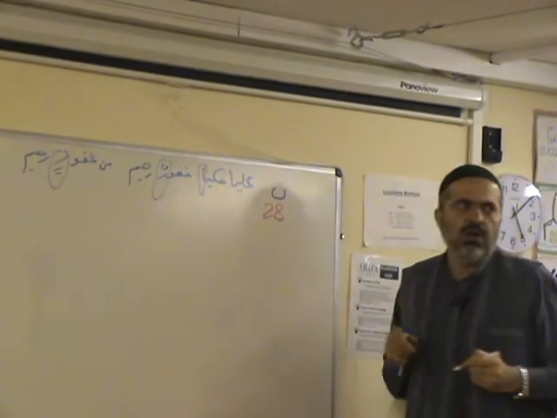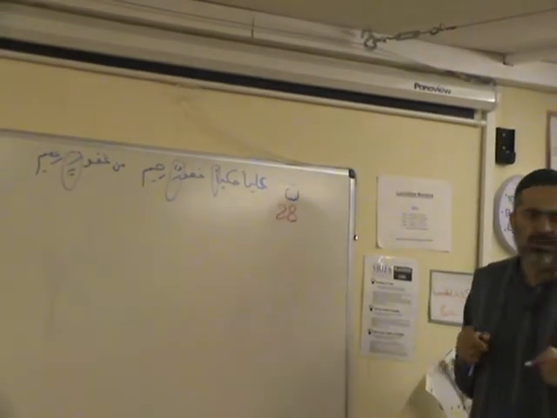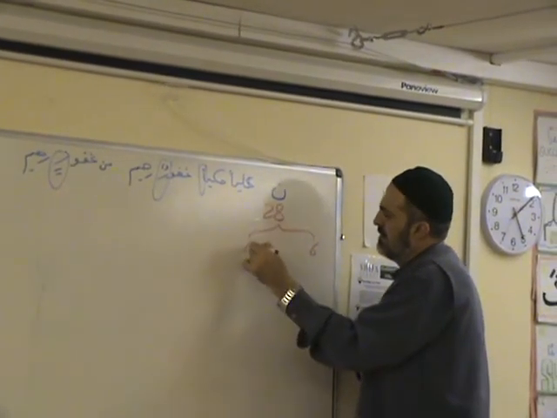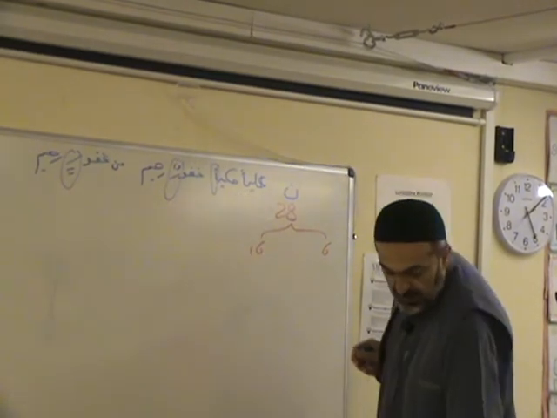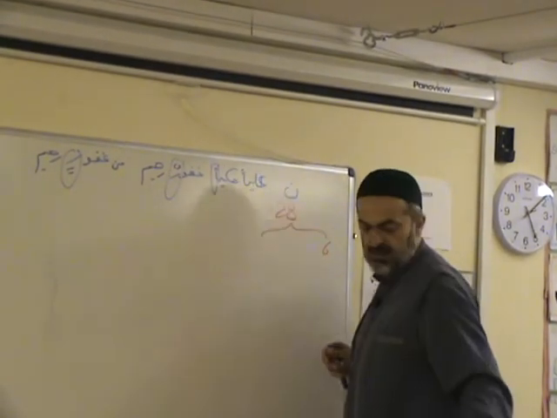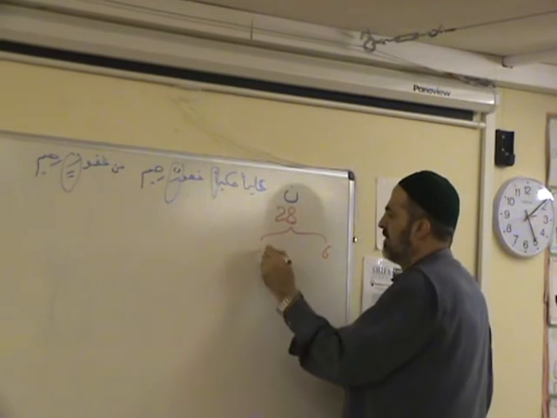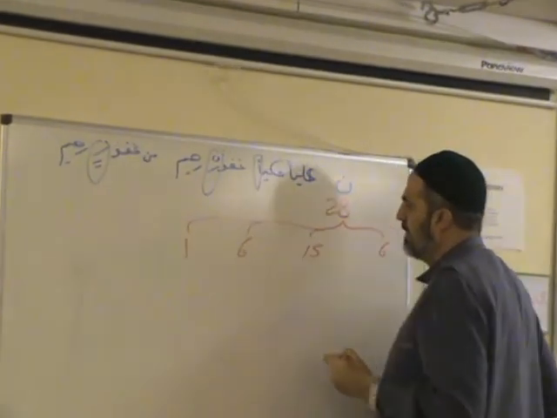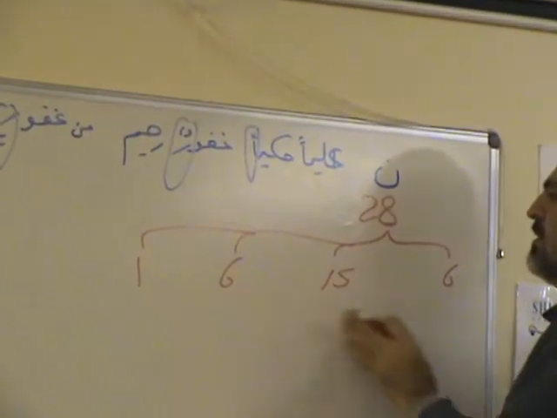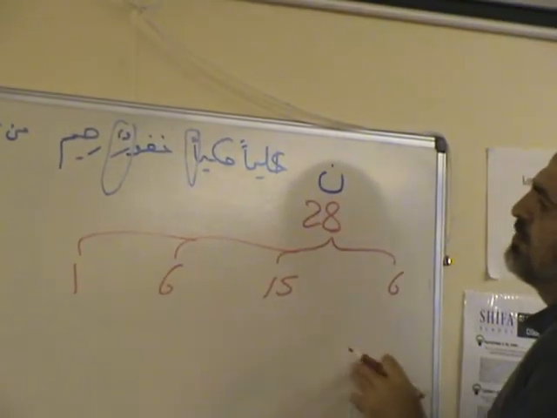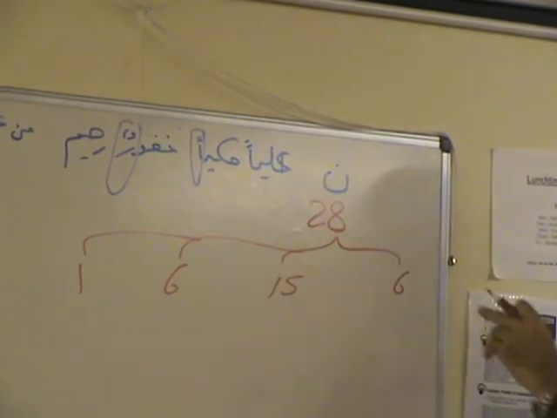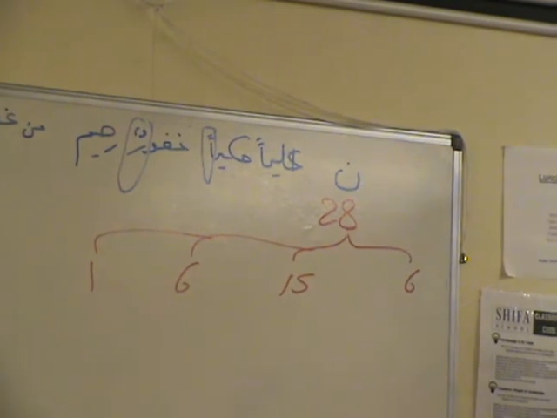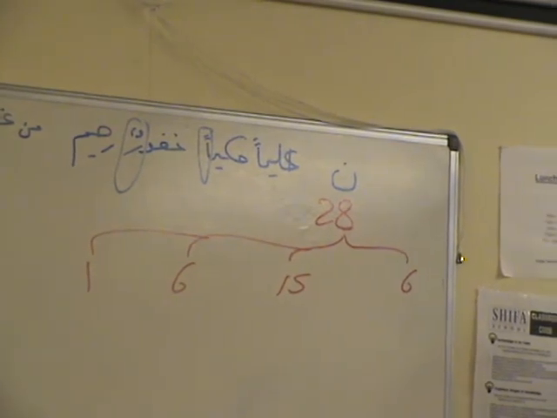We are going to subdivide them according to the noon: 6, 15, 6, and one special. If you add all of them, you get a total of 28. All the Arabic letters are included here.